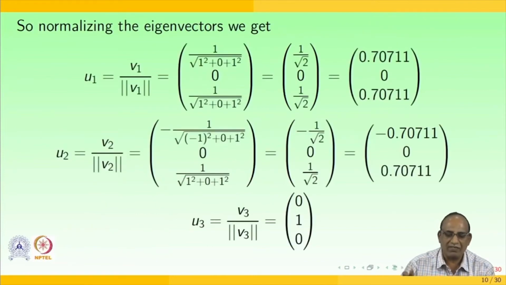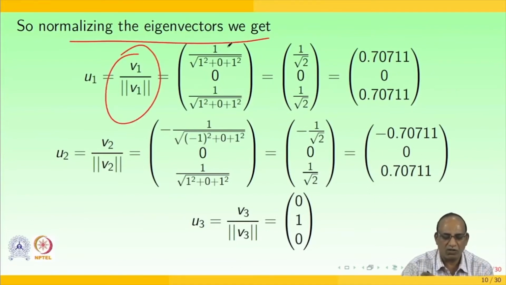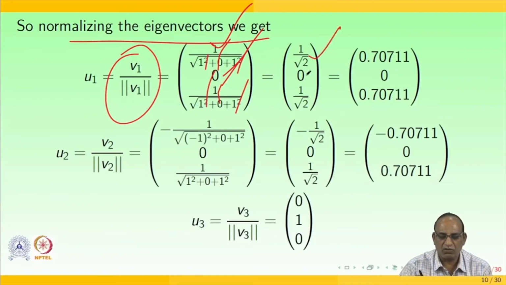So normalizing the eigenvectors, we get the matrix as u1, that is v1 upon norm of v1. So it is 1 over root of 1 square, 0 square, 1 square, that is 1 by root 2, 0, 1 by root 2. Essentially this becomes 0.70711, 0, 0.70711.